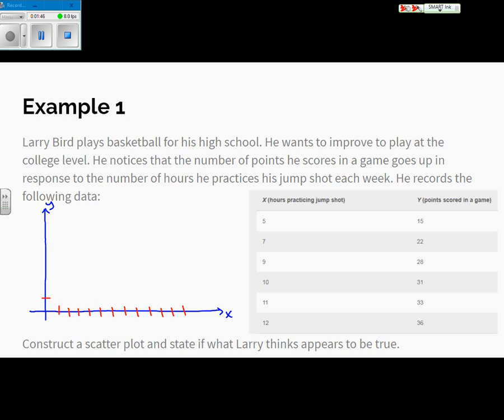So maybe count by fives: 5, 10, 15, 20, 25, 30, 35, 40. That will get them all on there. Put a little 5 right there to let me know you're counting by fives going up. Or you can label everything as you go. You don't have to label everything, but get some key points here. Same thing down here. Even if you're going by ones, count them out for me, or skip every other one, so that I can follow it.